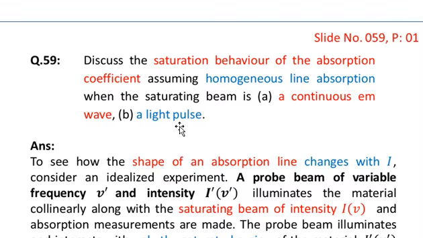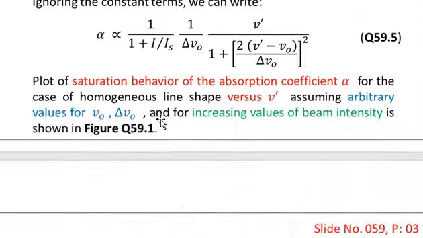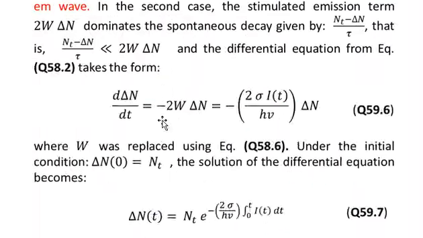And in the pulsed light we have discussed the two cases: when the pulse duration was much longer in comparison with the upper state lifetime tau, and the second case when it was much shorter in comparison with tau, the lifetime of the upper state. So all the things asked in the question have been addressed.